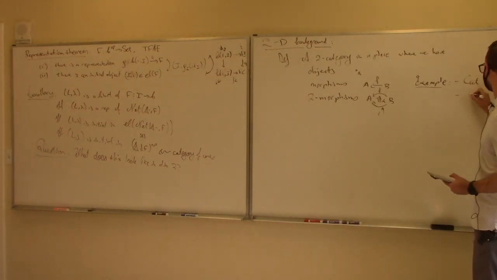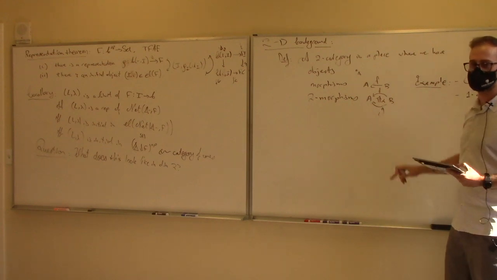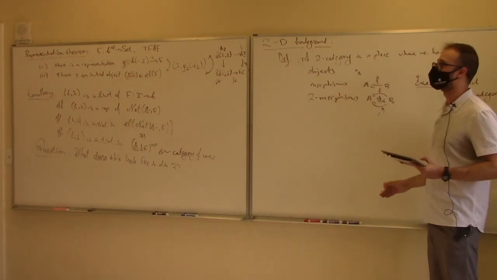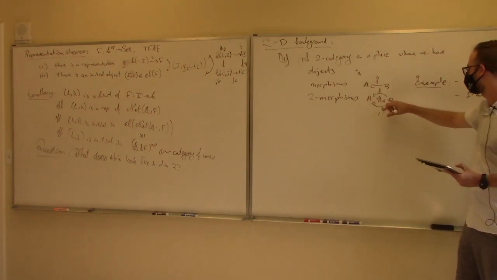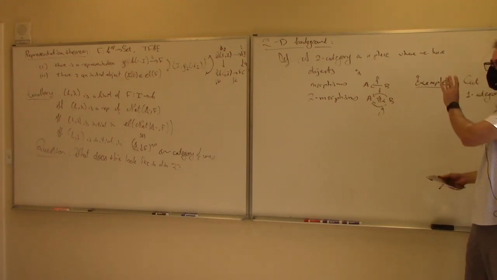Another example is any ordinary category, so a 1-category, where these things are only identities. So they only exist if the two ordinary morphisms are the same, then there's an identity, otherwise not. And various things in between.